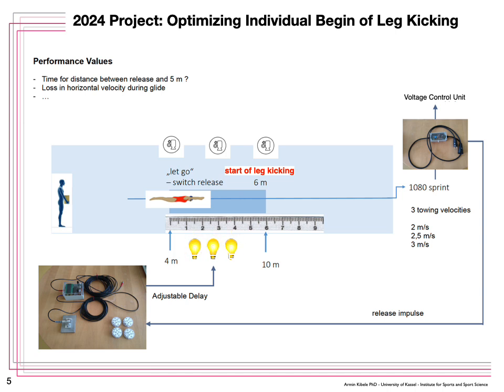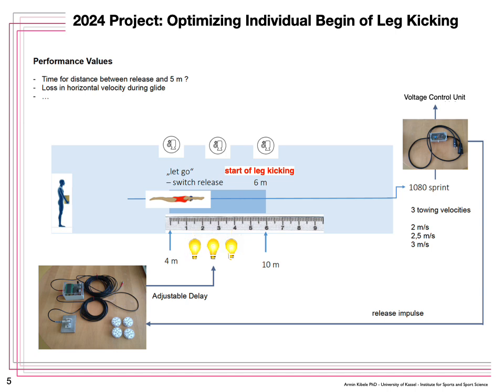At this point, the subject releases the tow rope, causing the power supply of the 1080 Sprint to drop. This event is registered by a sensor that sends an electronic release impulse to a main control unit that you see in the lower left corner.